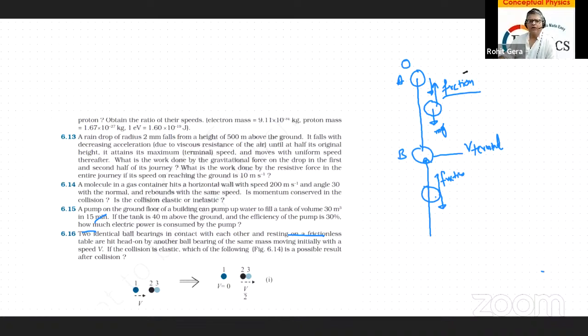So here it attains its V max, and then friction adjusts such that friction becomes equal to gravity. Because friction is continuously increasing, it appears, friction is seemingly dependent on velocity.